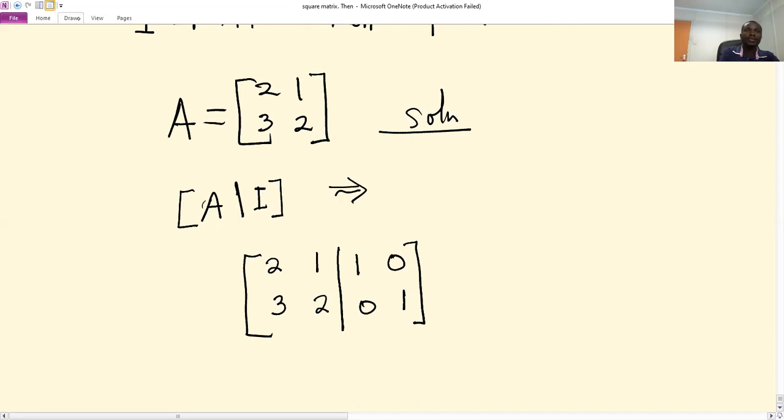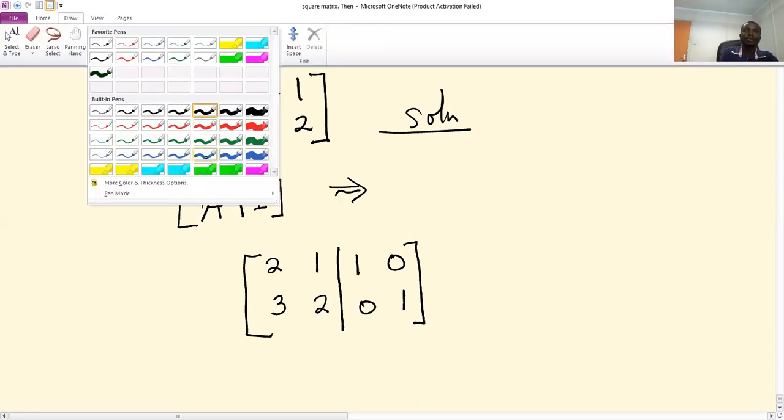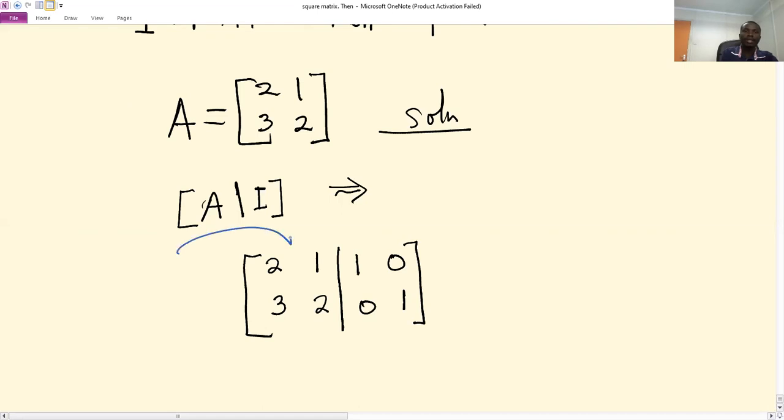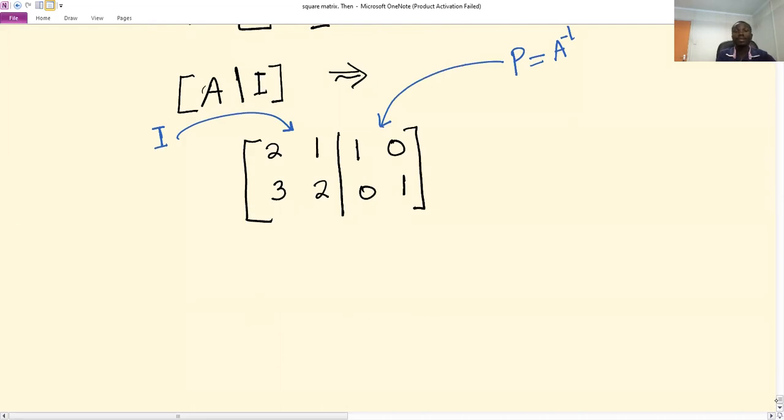So the work is to use row operations so that this part is changed to an identity matrix, while this other part is the one that will give us the P matrix, which will be the same as the A inverse. The row operations we specified earlier are the same ones you're going to use. For this to be an identity matrix, the first element must be 1.